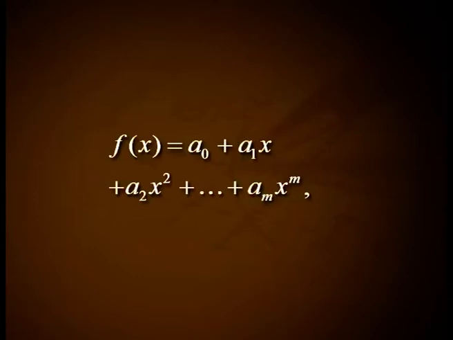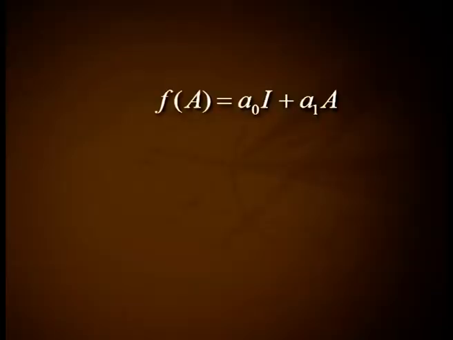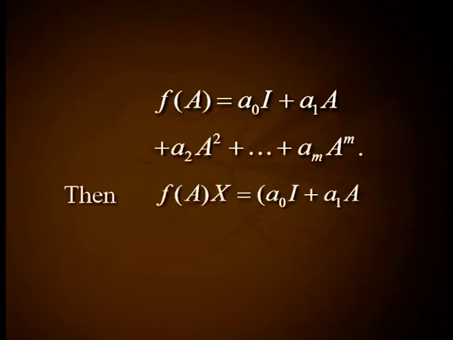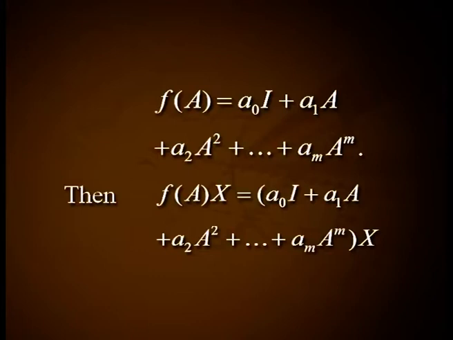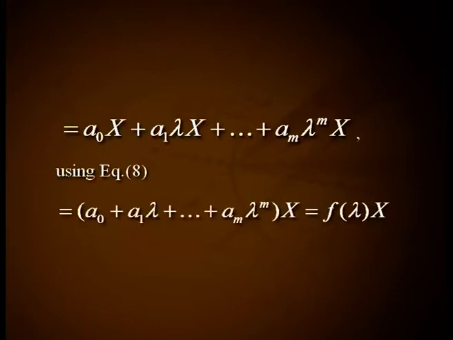Equation H. If f of x equal to a0 plus a1 into x plus a2 into x square plus etc. plus am into x raised to m, where f of A is the matrix f of A equal to a0 into I plus a1 into A plus a2 into A square plus etc. plus am into A raised to m, then f of A into x equal to (a0 into I plus a1 into A plus a2 into A square plus etc. plus am into A raised to m) into x, which is equal to a0 into x plus a1 into lambda into x plus etc. plus am into lambda raised to m into x, using equation H, which is equal to (a0 plus a1 into lambda plus etc. plus am into lambda raised to m) into x, which is equal to f of lambda into x.